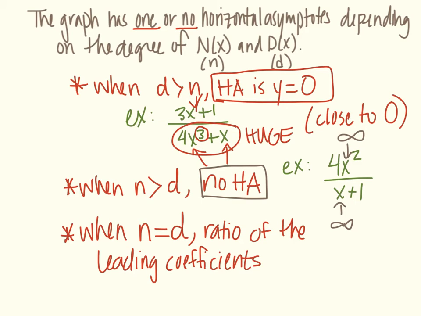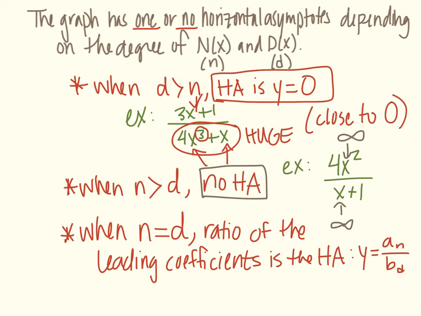When the degree of the numerator equals the degree of the denominator, the ratio of the coefficients is the horizontal asymptote. So you would have y equals a_n over b_d, I suppose. It's whatever the first number is, the leading coefficient.